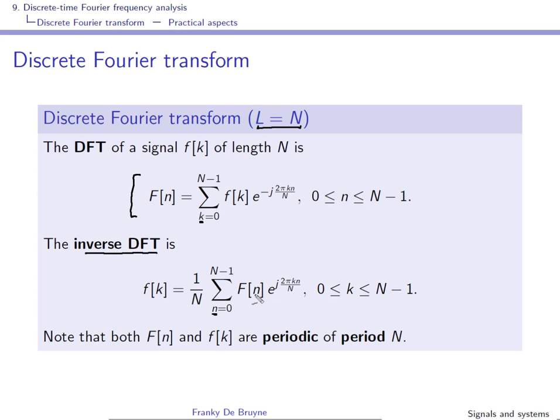Of course, f of n, the result of the Fourier transform, takes the place of the signal f of k, and we have here a plus instead of a minus. Notice also the presence of this factor 1 over n, and note that both the Fourier transform and the original signal are assumed to be periodic of period n.